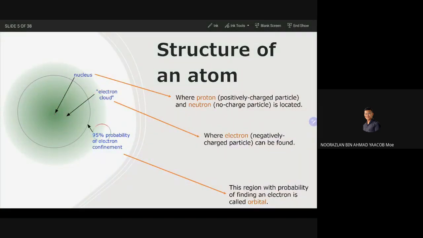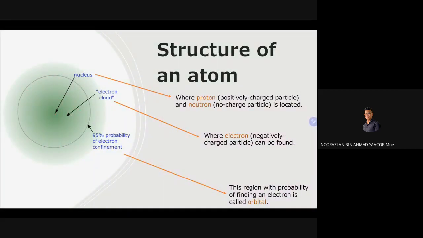Electron cloud ini ada macam sempadan lah, di mana elektron boleh dijumpai dengan kebarangkalian sampai 95%. Elektron akan bergerak secara laju dekat dalam kawasan electron cloud ini. Lagi 5% mungkin ada dekat luar tu lah. We will look into this further dalam chapter seterusnya. Ini adalah secara umum saja.